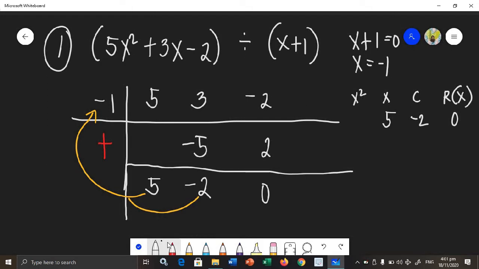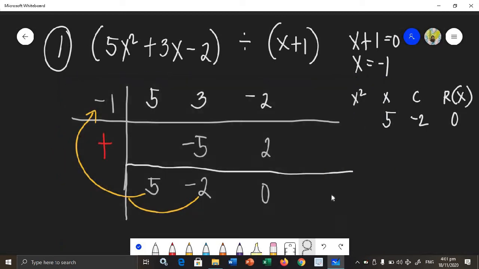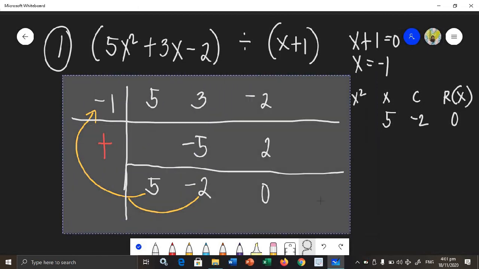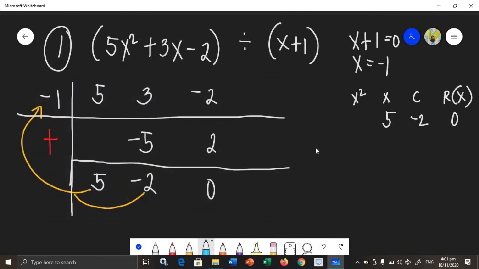We come up with this answer: our q(x) is 5x minus 2, where 5 is the coefficient of x and your constant is negative 2.